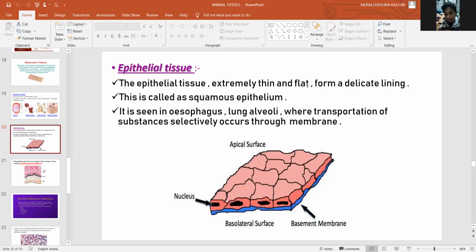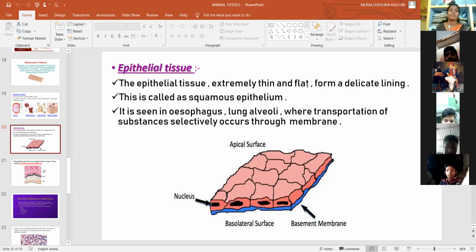The squamous epithelium is seen in the esophagus and lung alveoli. This is the squamous epithelial tissue.